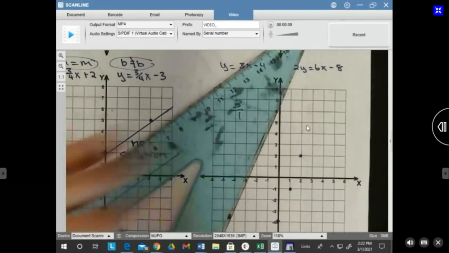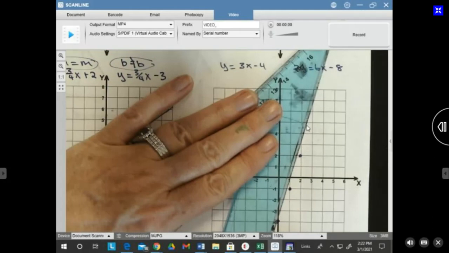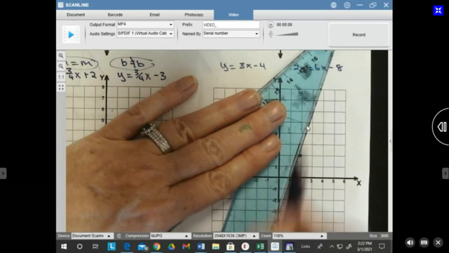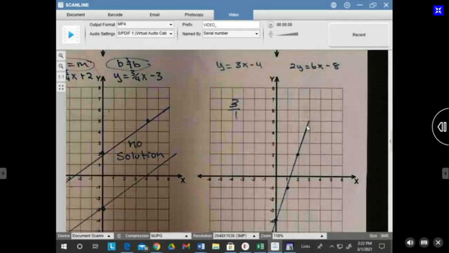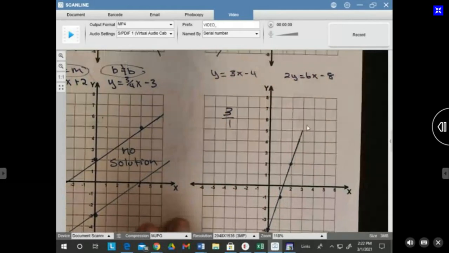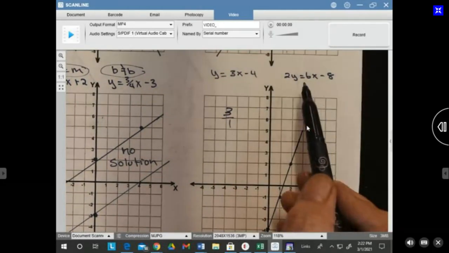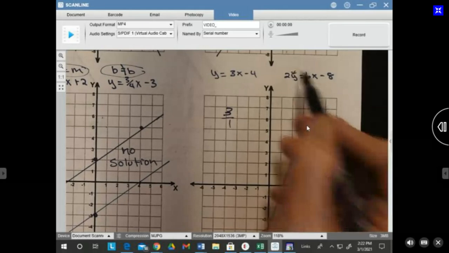When I go to graph, I get that line. Now, what's wrong with graphing this other one? Have to solve it first. My y isn't alone, is it?